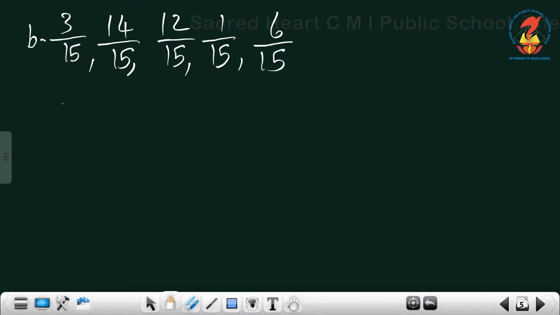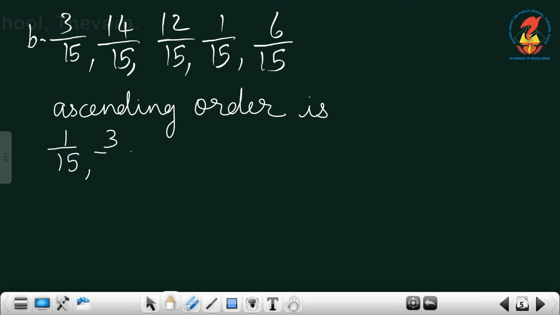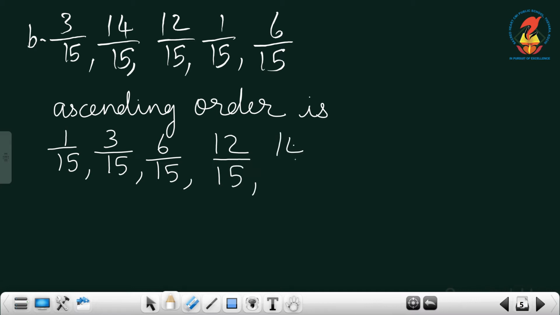So for arranging in ascending order, first we need to write 1 by 15, after that 3 by 15, after that 6 by 15, after that 12 by 15, next one is 14 by 15.